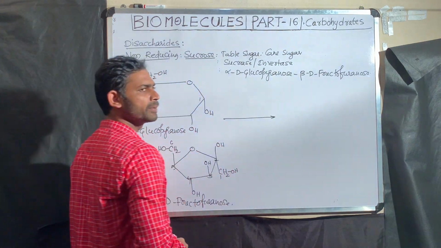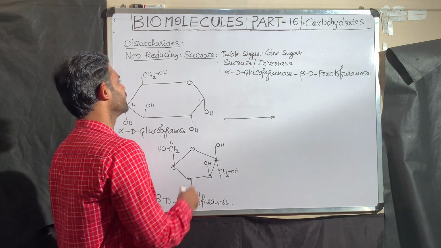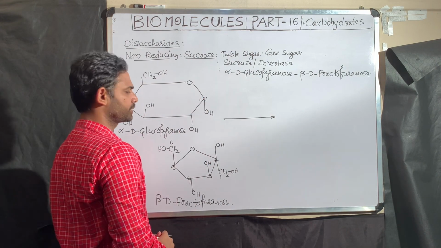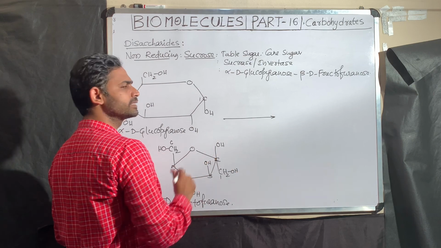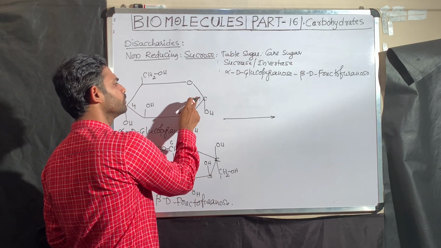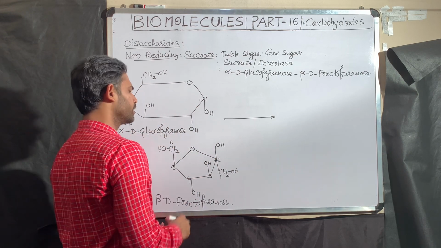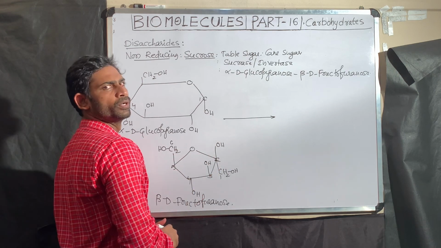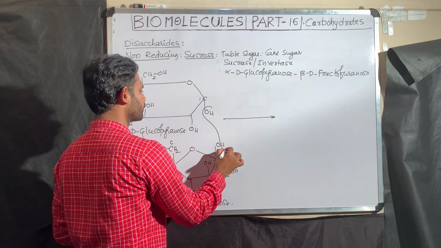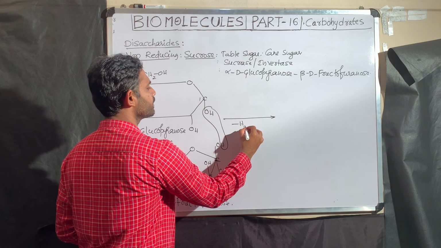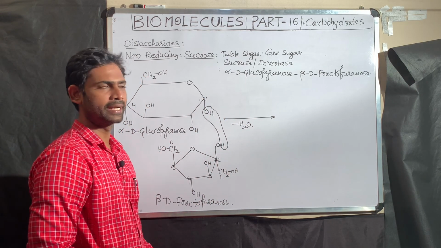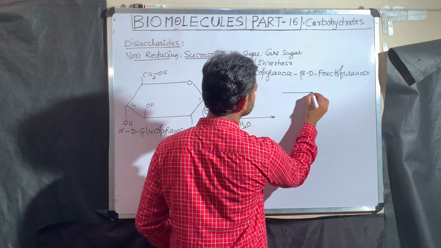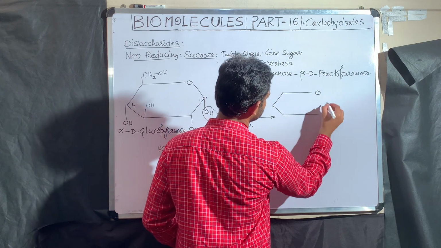Here what is happening? The very important thing: in glucose the functional carbon is the first, in fructose the functional carbon is the second. So in glucose the functional carbon has an OH group, and in fructose also the functional carbon has an OH group. So here OH group, here OH group, removed as water. Okay, dehydration. Now the resulting structure, simple.